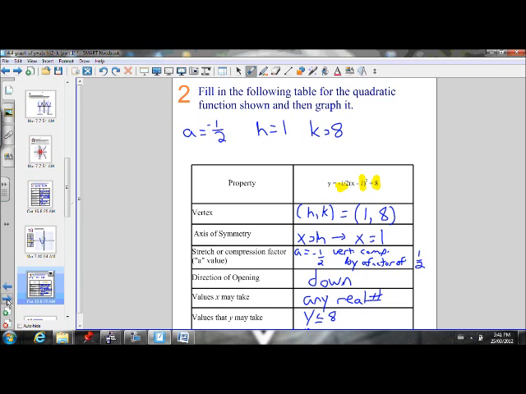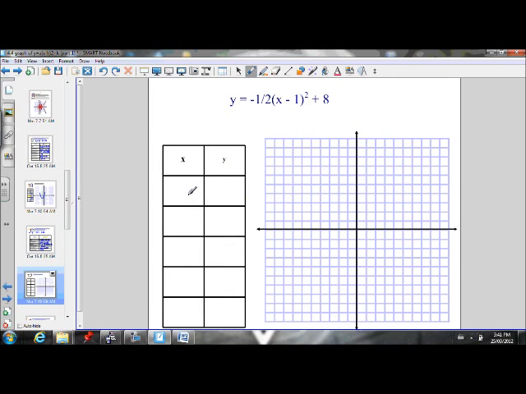If we want to sketch this parabola, we're going to choose x values around 1. Our h value, we remember, is equal to 1, so I'm going to put that in the middle. Now I'm going to choose about 2 values to the left, sequentially, so 0 and negative 1, and then the 2 values to the right are 2 and 3. If I plug all of those values into my equation here, if I plug in negative 1 for x, I will get 6.